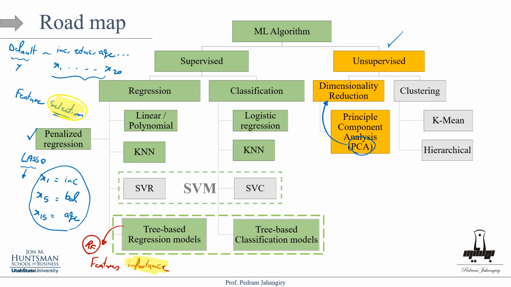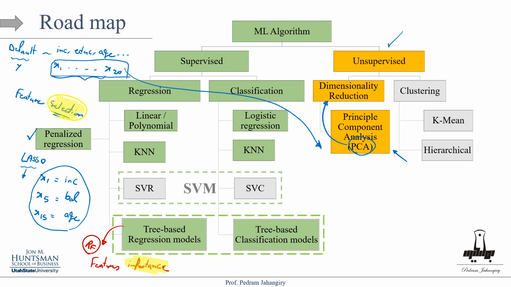Now, lastly, in PCA, we are reducing the dimension in a different way, right? First of all, the data set here is unsupervised, unlabeled, but we can use the same example. We can say, I don't care about this default variable. I just focus on these 20 features. Can I reduce the dimension in a way that we can explain the most variation in the data?